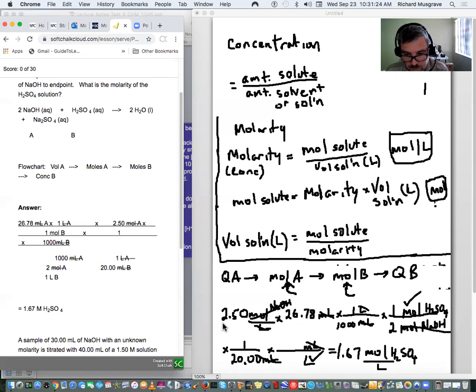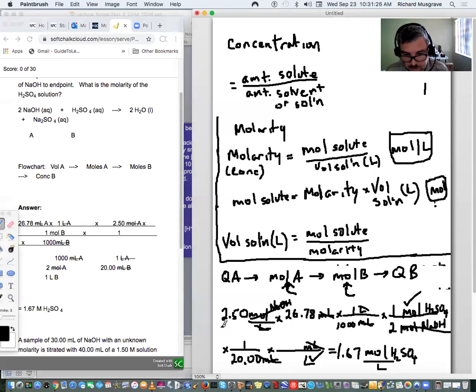Okay. All right, so let's do this part here. This business here that I'm putting under the bracket, this gets us to mole of A. So we're taking a concentration, multiplying by a volume and converting that volume into liters.